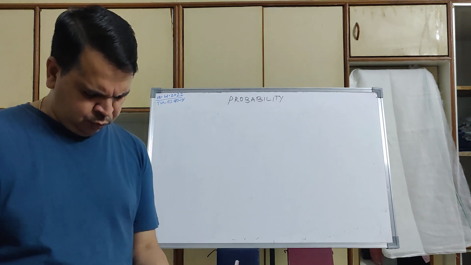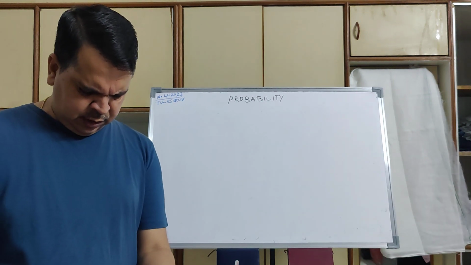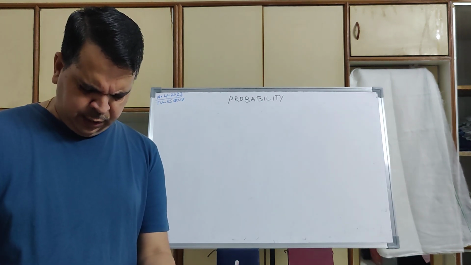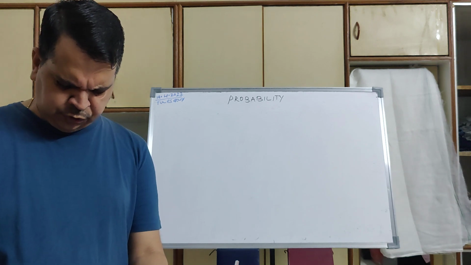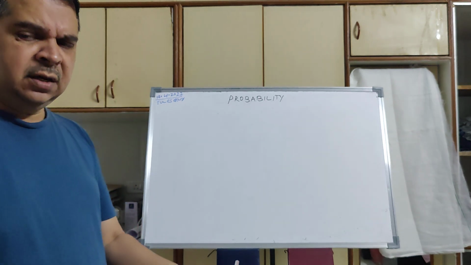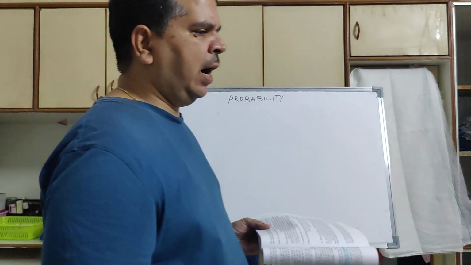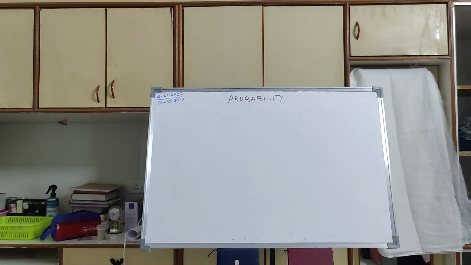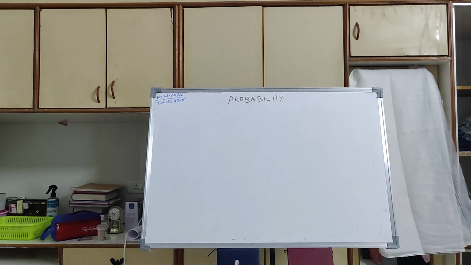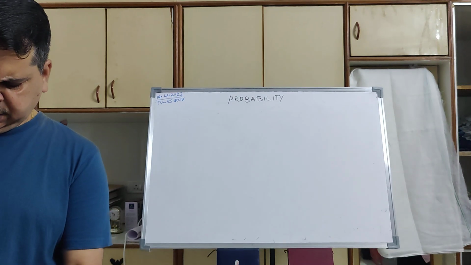Two coins, a 1 rupee coin and a 2 rupee coin, are tossed once. Find the sample space. When you are tossing a 1 rupee coin and a 2 rupee coin once, what will be the sample space?